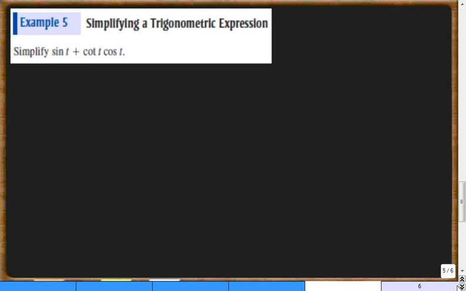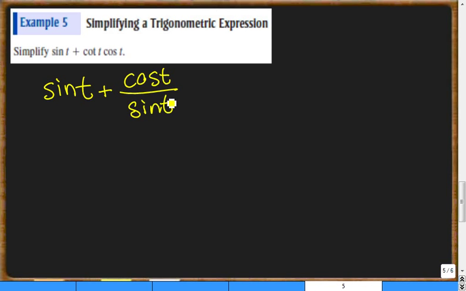Okay, so the next example says simplify this expression. So I've got sine and I've got cotangent times cosine. So I need to go about this. Because I'm multiplying over here, I'm going to want to convert those to sines and cosines. So I'm going to get the sine of t plus the cotangent of t, so this would be the cosine of t over the sine of t.